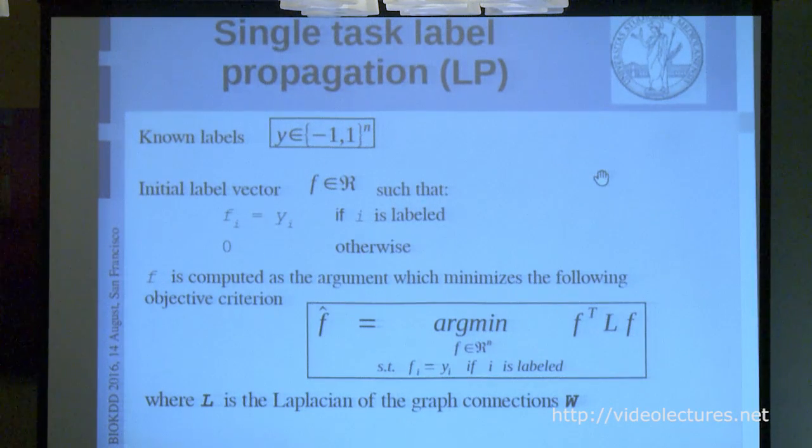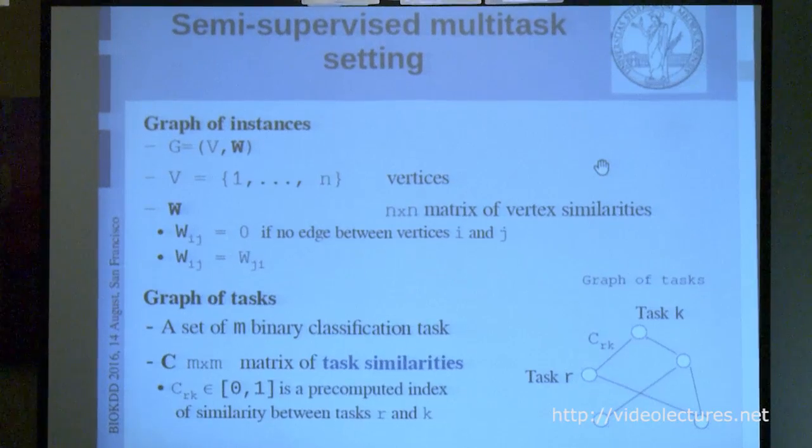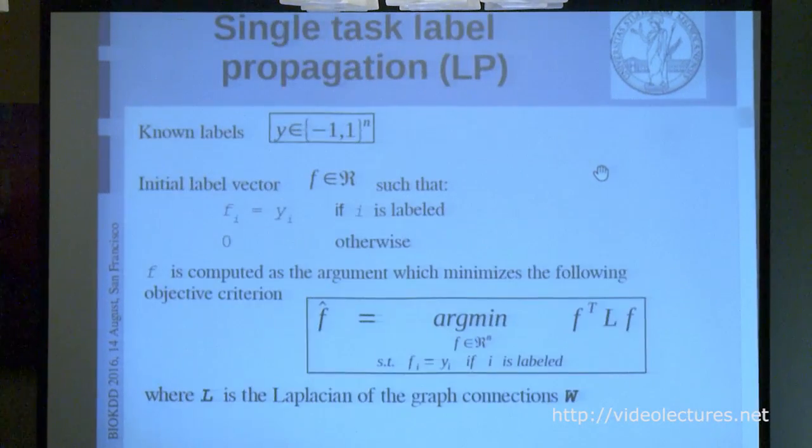While we don't have a constraint on the unlabeled nodes, minimizing this objective function means minimizing the cut size of the graph, that is the sum of the weights connecting two nodes with different labels. In this objective function, L is the Laplacian of the graph connection, of the matrix we call W in this slide.